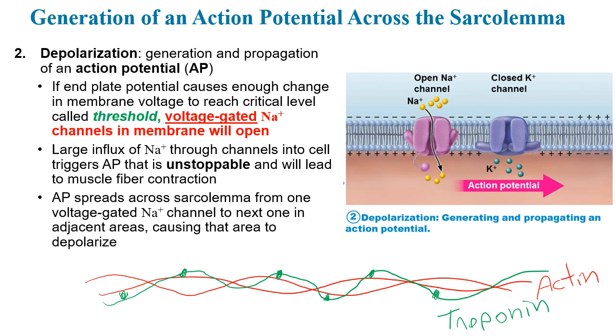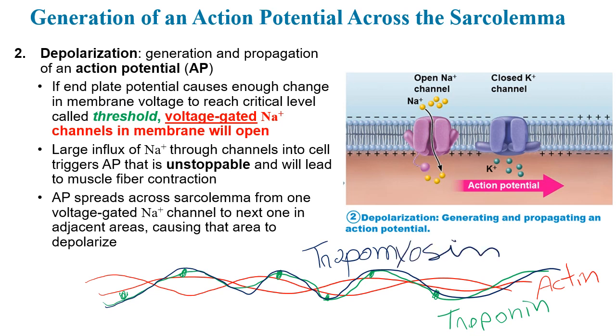That protein is called what? This guy is blue, okay? What's the name of that filamentous protein? Tropomyosin. All right. So that blocks the site in which myosin can attach its head.